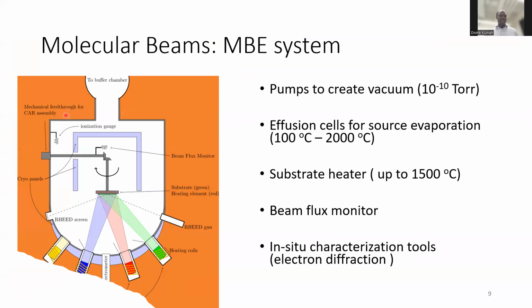So in most MBE systems, you have something that holds a substrate and allows you to rotate the substrate and control the temperature of the substrate. And so this rod here is just a schematic to represent that substrate manipulator.